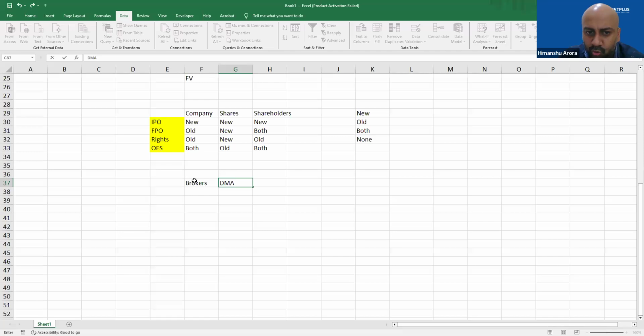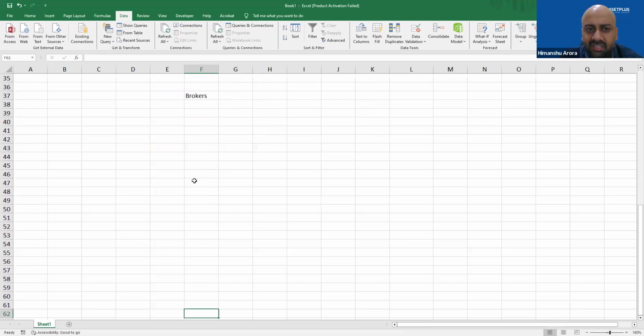You and me cannot do so, but there are some people who can do so. You need a lot of capital for that, and of course, you need a reason for that. But otherwise, all of us have to deal with the brokers. The brokers are of two types. One, discount broker. Second, full service brokers.